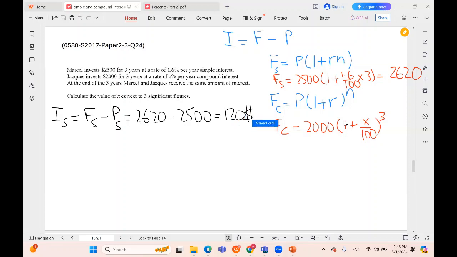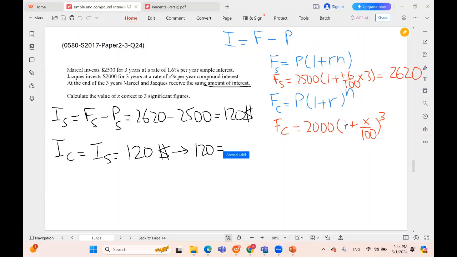We are told that in the compound interest case, it is the same as the simple interest case. They both receive the same amount of interest. This is what we're told. So this tells us that the compound interest is also $120. So we can get the future value because 120 equals Fc minus Pc, the future value in the compound case minus the present value.